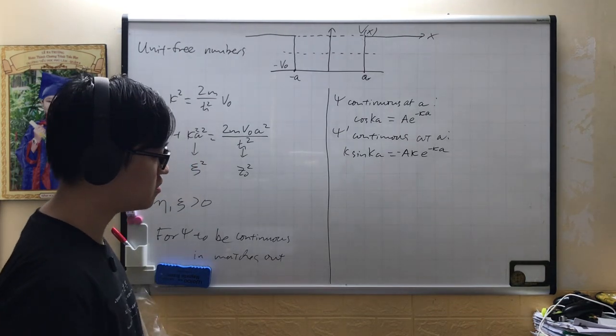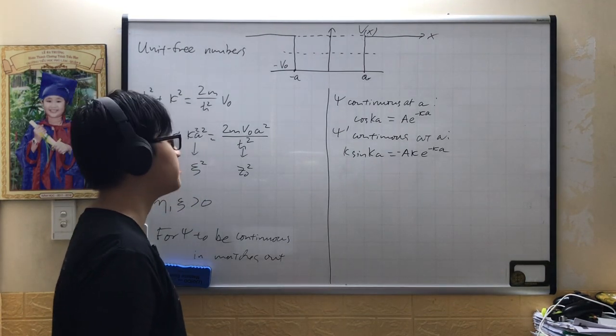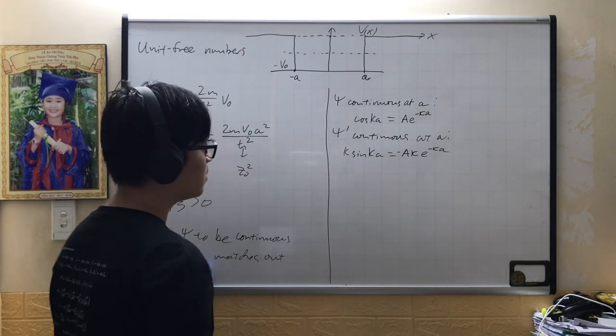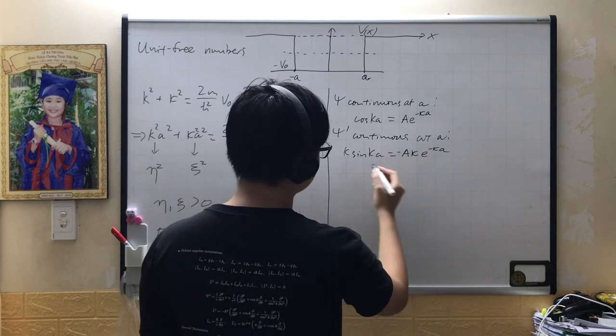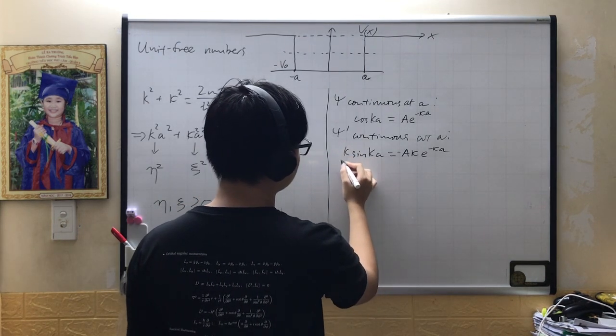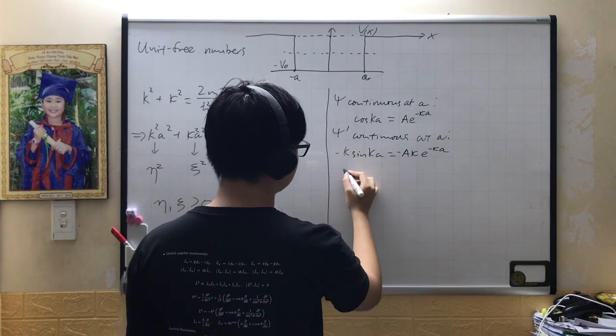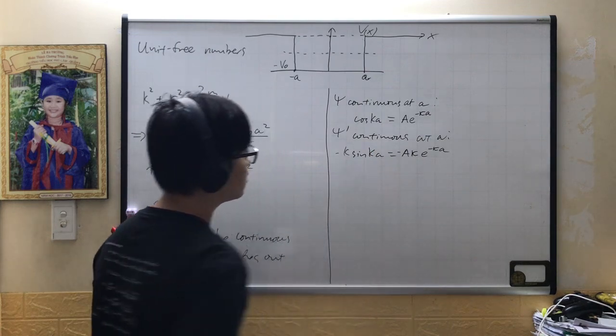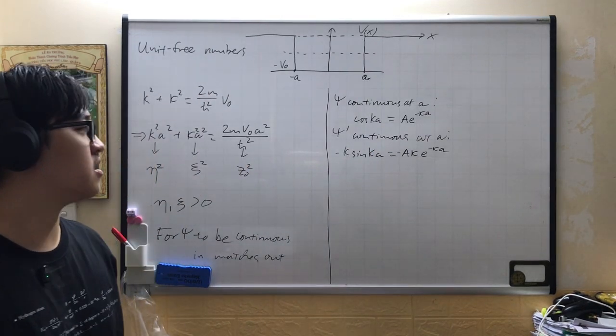Okay, you got this. The standard procedure would be dividing those two. Let's do that right now. So minus, and now we're going to divide it to get tangent.